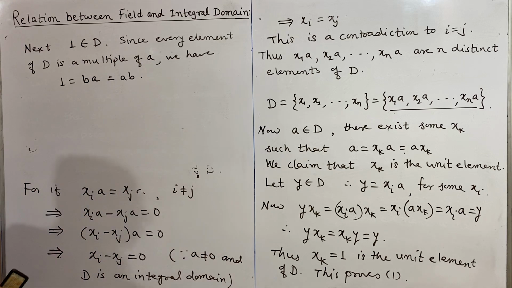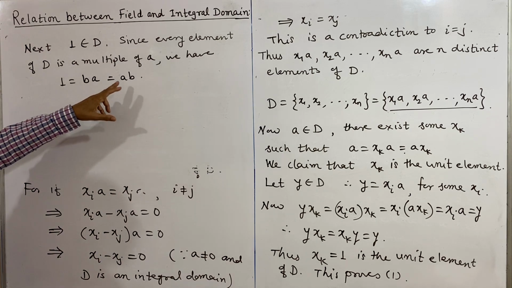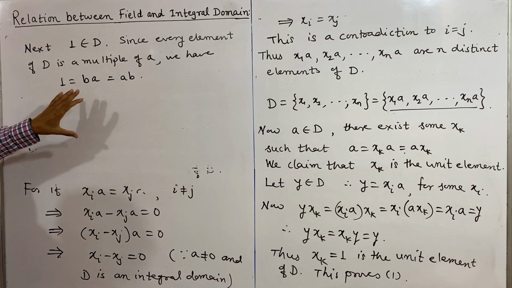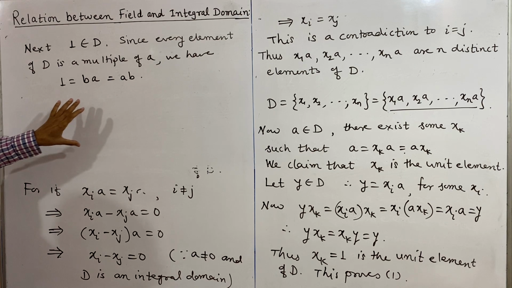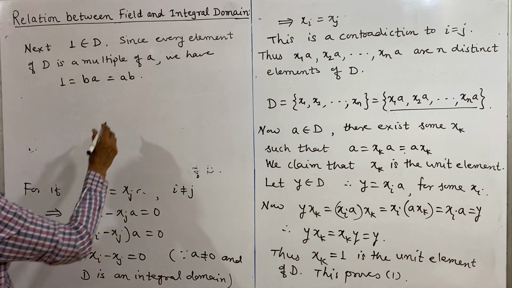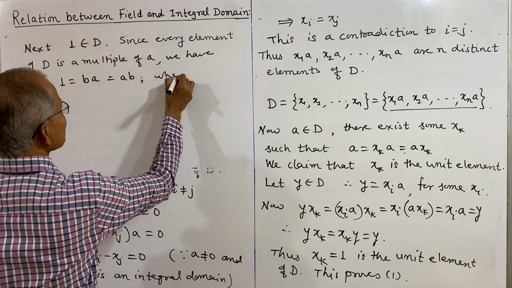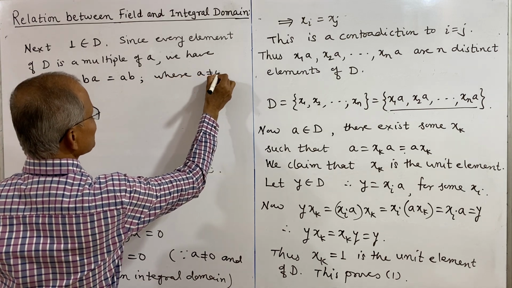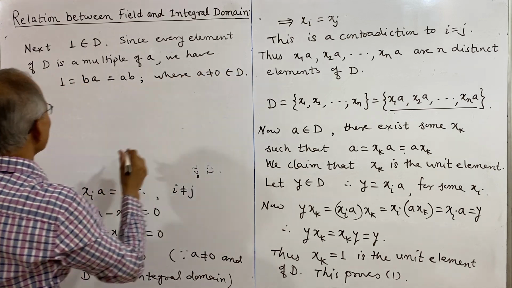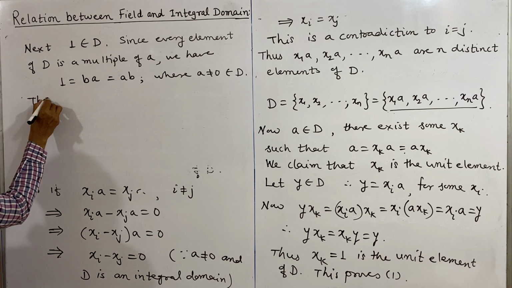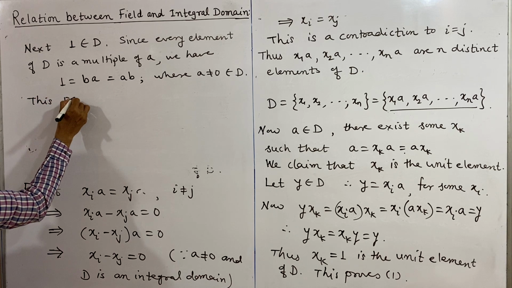And this shows that A and B are multiplicative inverses, and A we have chosen earlier, A is not equal to 0, A belongs to D. And this proves the second property.